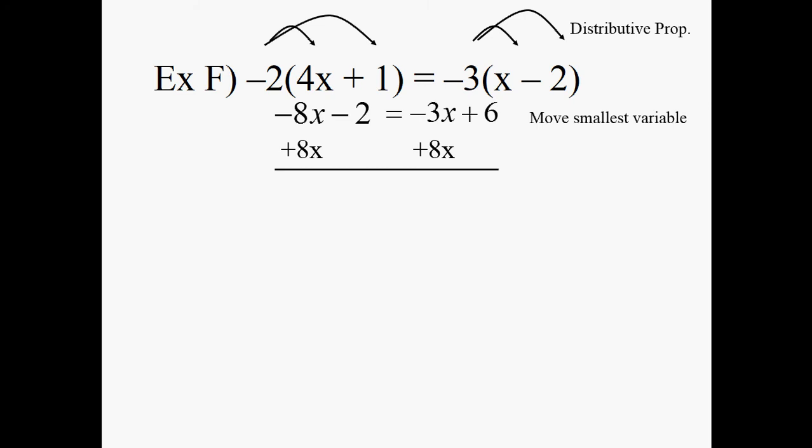All right, when you're doing this, we're being very careful with our signs still. So on the left side, the x's are gone. So I have a negative 2 equals. And then on the right side, my x's, I have a negative 3x plus an 8x. You can use your number line if you want to, or you can even just think about it as 8x subtract 3x, which gives us a 5x.